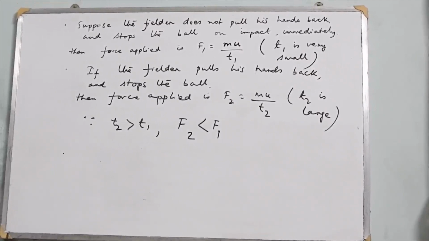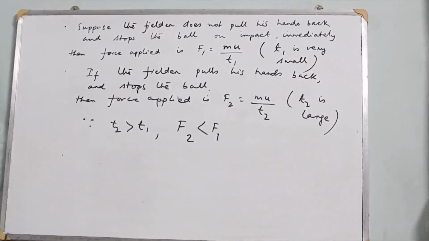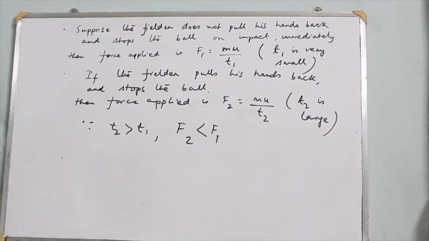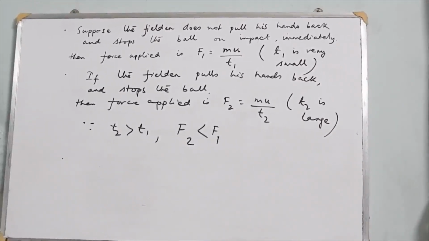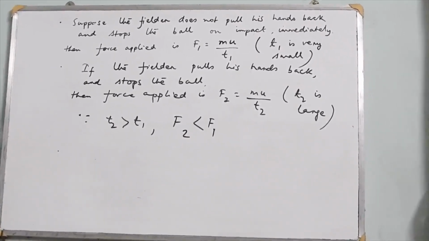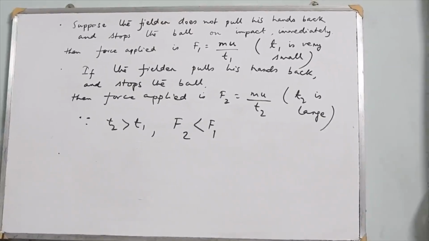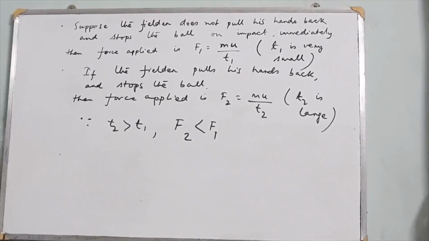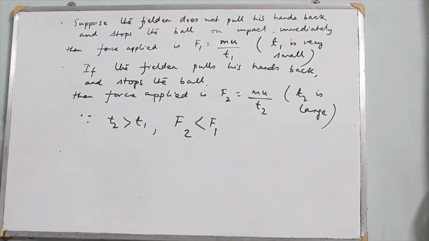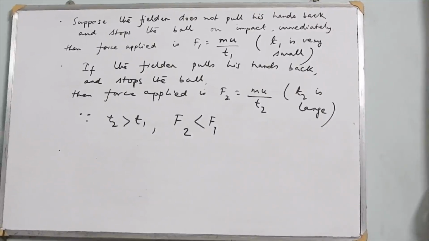So when an athlete is landing from a height in a pole vault or in a high jump, he or she might hurt his or her feet if they come to rest almost suddenly, if they hit the hard floor directly.